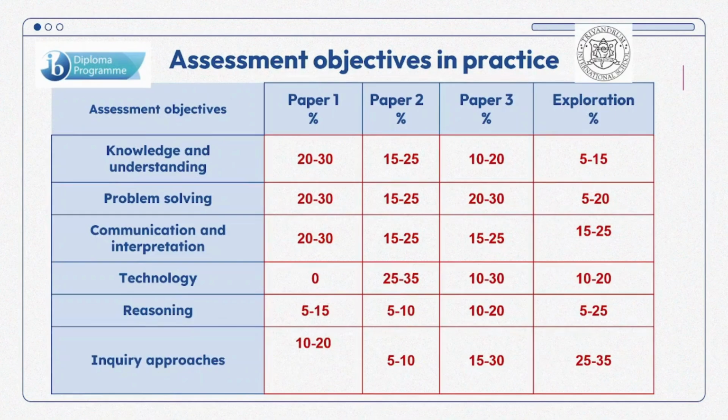Then we have the assessment objectives: knowledge and understanding, problem solving, communication and interpretation, technology, reasoning, and inquiry approaches. It is clear that in paper 1, technology is given as 0%, but in all other papers, technology can be used, including exploration.